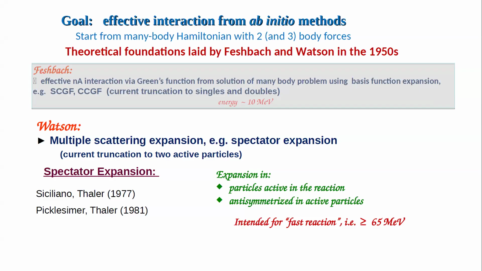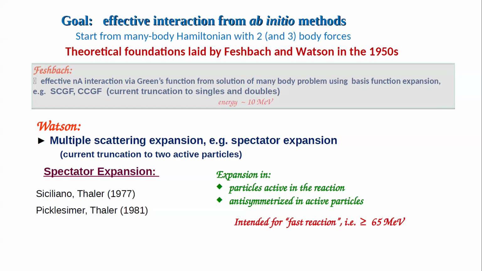The basic idea is you expand your scattering problem in active particles, or nucleons active in the reaction, and you antisymmetrize in the active particles. In the original paper, Watson said it's multiple scattering for fast neutrons. In the 50s, fast neutrons were, let's say, 60 to 100 MeV.